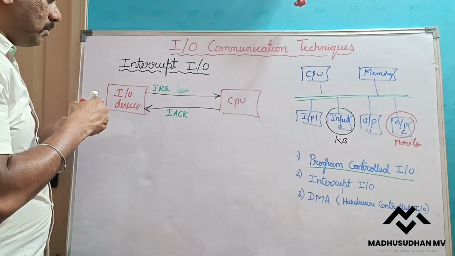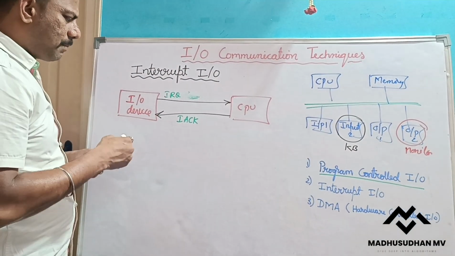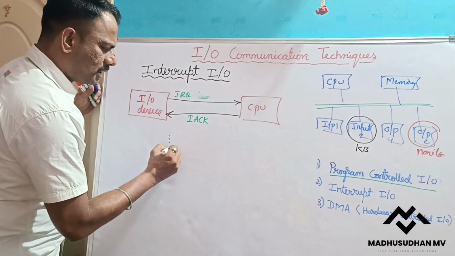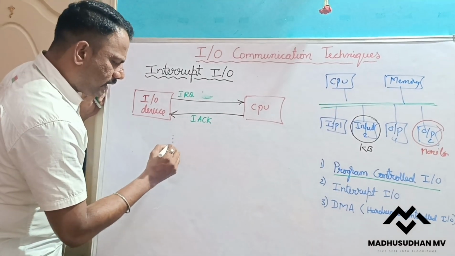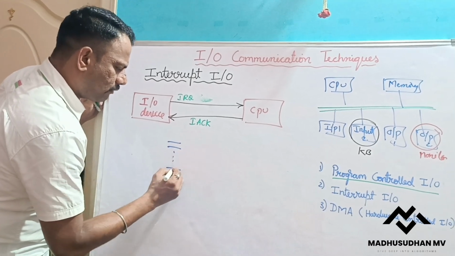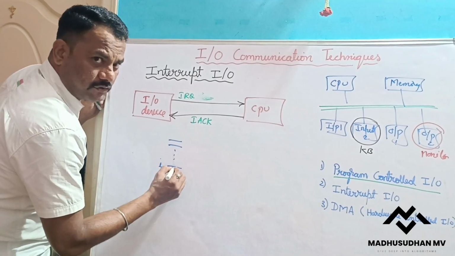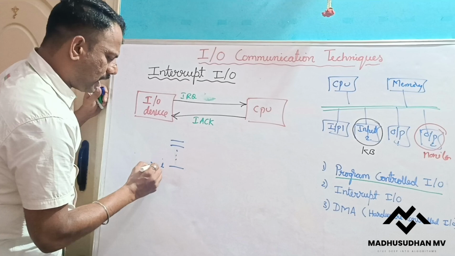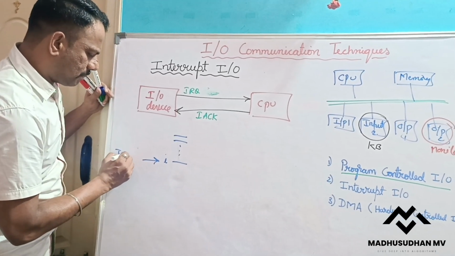Now assume our processor is executing some instructions. Say the first instruction, second instruction, and so on, and when it is executing the ith instruction, assume an interrupt occurs. Okay, here the interrupt occurs.